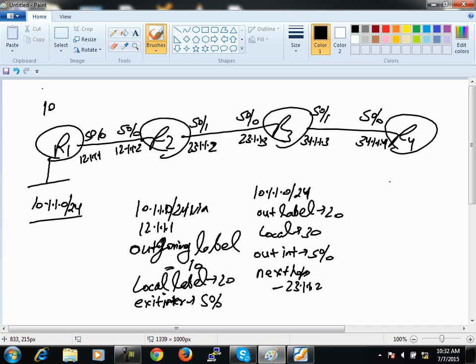Then R3 will inform its neighbor R4, and this time it has generated local label 30. So it will tell R4 that if you want to reach 10.1.1.0/24, your outgoing label is going to be 30. Let's say the local label is now 40.